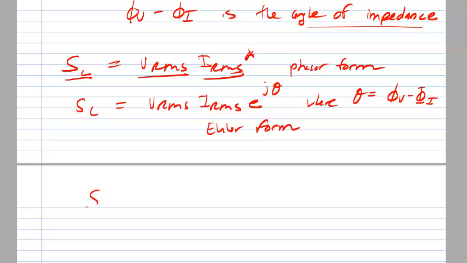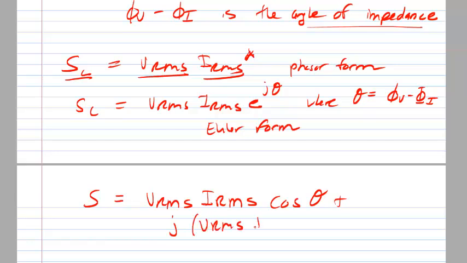And then we have this complex power in rectangular form. Rectangular form, if you remember, would be multiplying times the sine and cosine. So it'd be VRMS times IRMS times the cosine of theta, plus the imaginary part, which is j VRMS IRMS times the sine of theta.